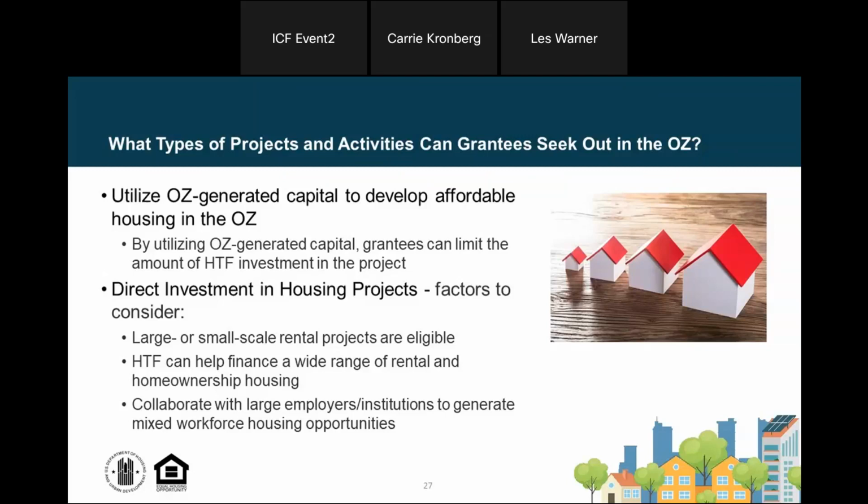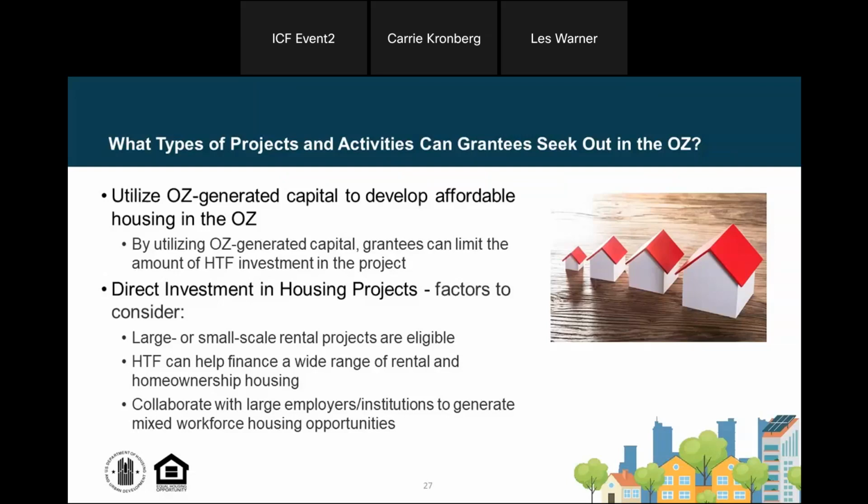Corporations that have a prominent presence in the community may even have their own capital gains that they wish to invest in opportunity zones for tax purposes. So combining housing trust fund financing and workforce housing can be a way for grantees to tap the resources of certain institutional investors, and also ensure that some of the workforce housing is targeted to the extremely low income and eventually very low income households that the trust fund is intended for.